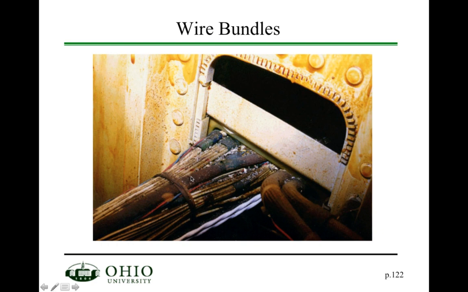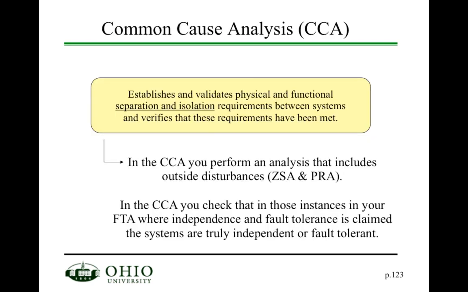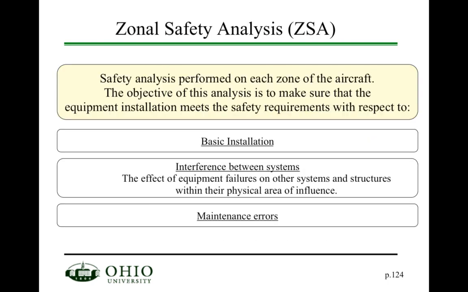In this case, each one of these bundles may be associated with a different system, but since they're all so close together, it could mean that if there is a local leak above it that causes corrosion, like one of the possible scenarios that you saw with the TWA-800 accident, that would increase the likelihood of a crack in this spot, resulting in arcing between systems, whereas the systems are no longer independent. So that's basically what you do in a zonal safety analysis.